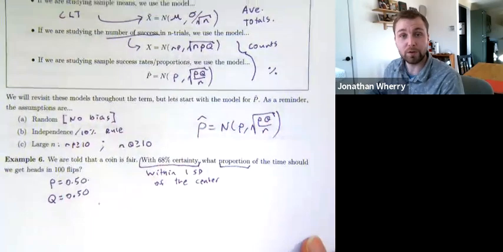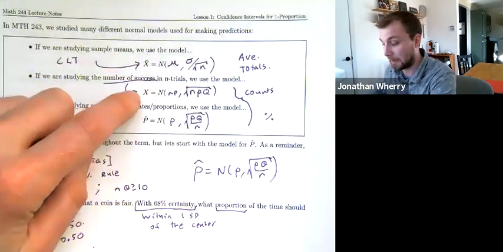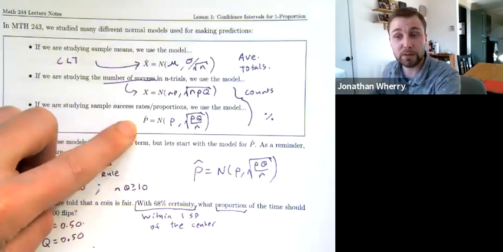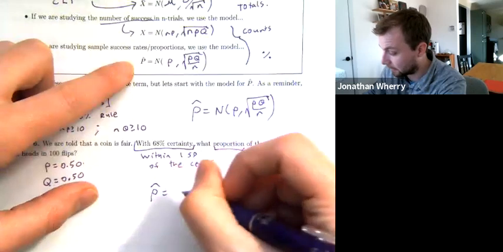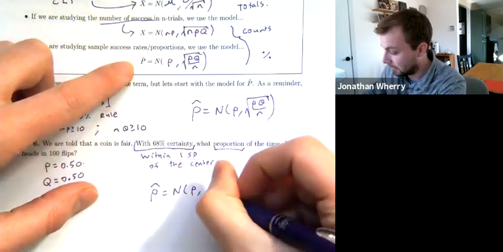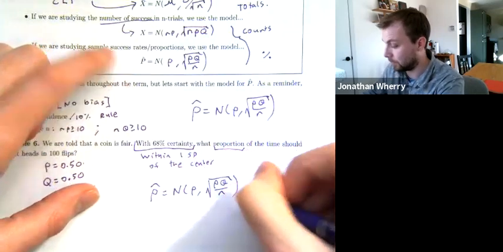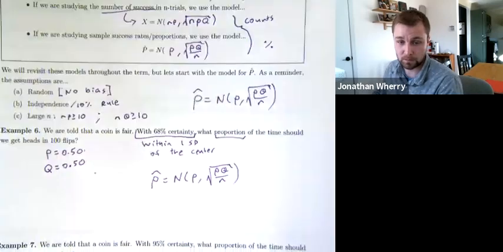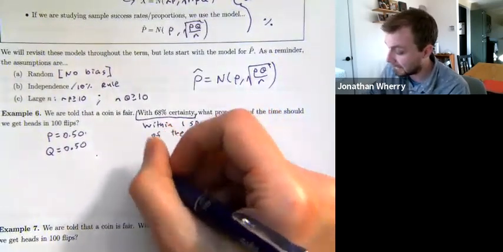Proportion. So for my models, I'm not dealing with averages, I'm not dealing with counts, I'm asked something about percentages. So my model is P hat is normally distributed with the center of P and a standard deviation of root PQ over N. I'm going to plug in what we have. P hat is the name of the model.